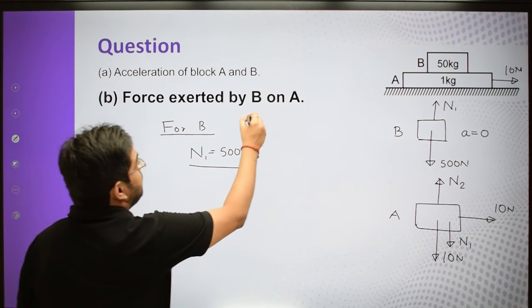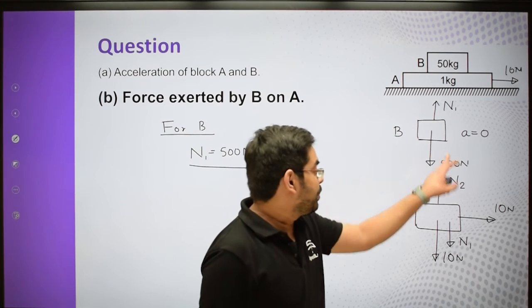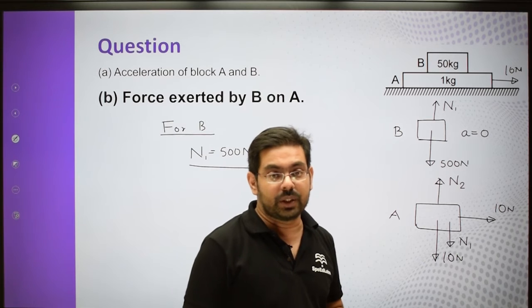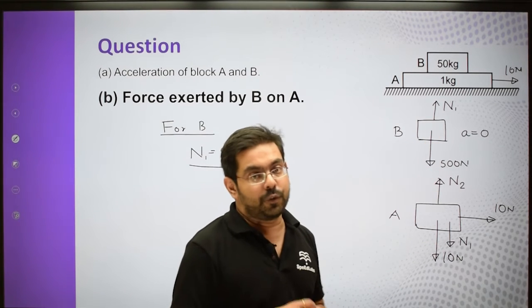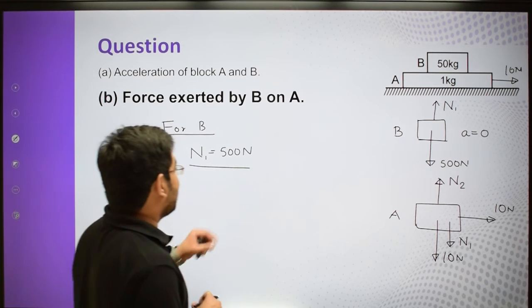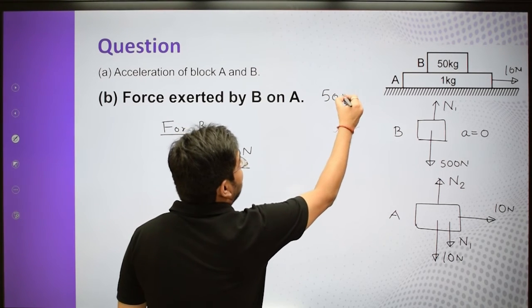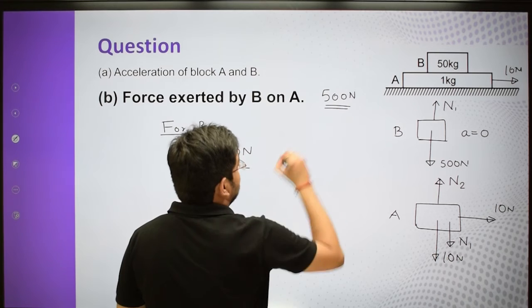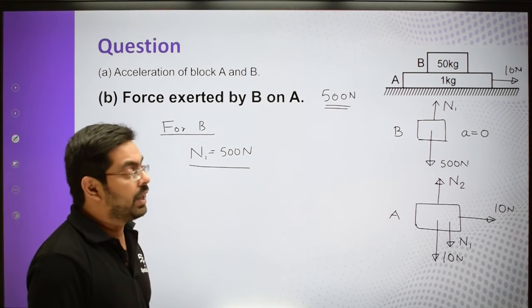So the force exerted by B on A will also be equal to 500 Newton only. B will apply a normal force in the downward direction. B is applying the same force N1 on A in the downward direction, and its value will be 500 Newton. So we got the second answer first, it is 500 Newton. This is the only force which B is applying on A.